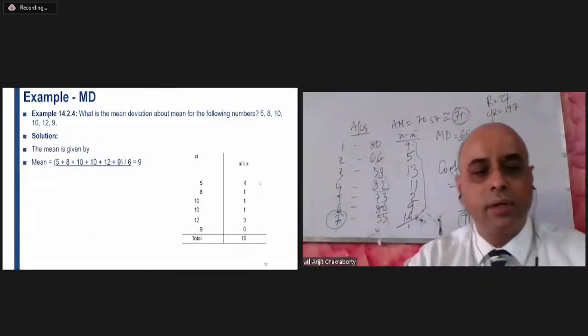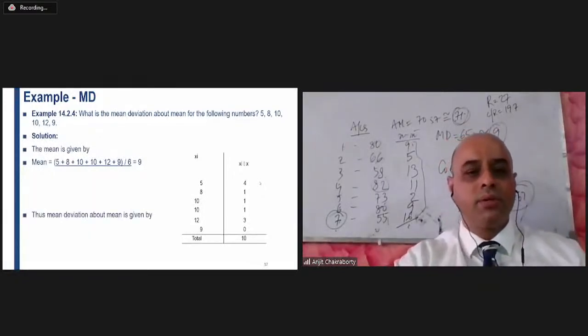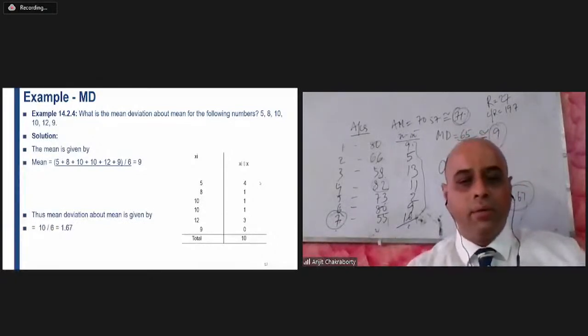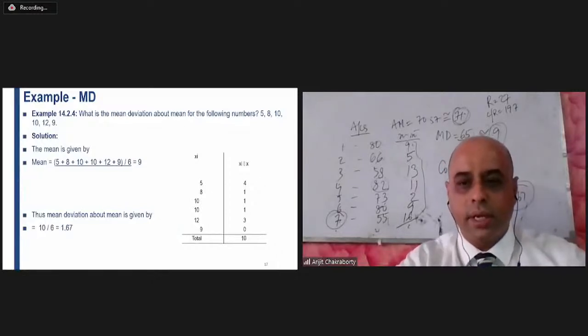So we first find out the mean, very similar to what we have done already. The mean comes to 9 here. And now you can get the mean deviation. In the slide, you can see the mean deviation is given.